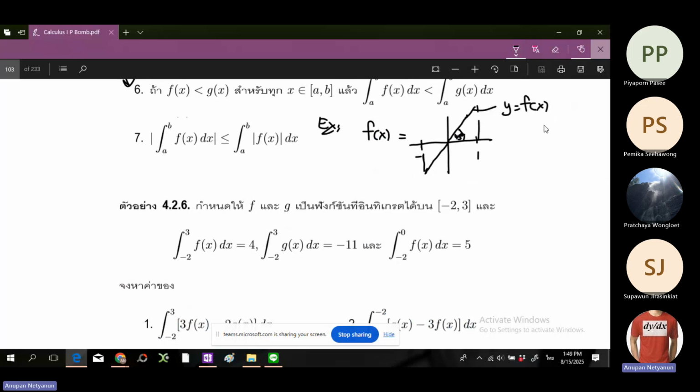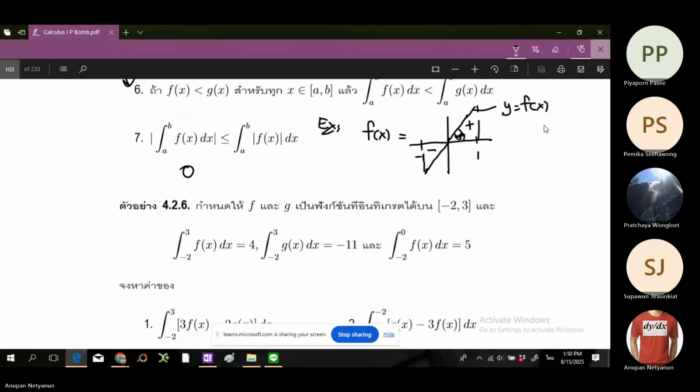The integral from -1 to 1 of f is the area from -1 to 1. This part is below the x-axis, so its area is negative, but from here to here the area is above the x-axis, so it is positive. The graph I drew is symmetric, so the two areas are the same and they cancel out to 0. So the absolute value of 0 is 0.